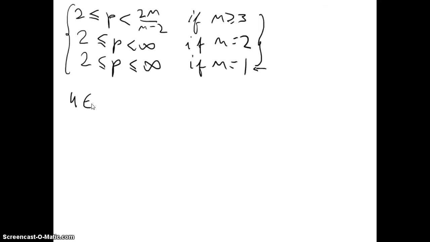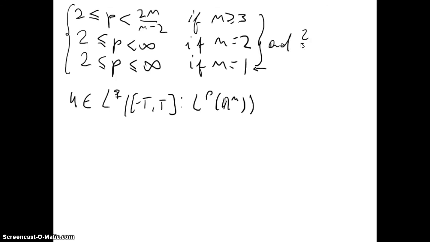The corollary tells us that it's going to be in L^q of minus T, T; L^p Rn, and this for all (p,q) satisfying 2 over q equals n times (1/2 minus 1/p).